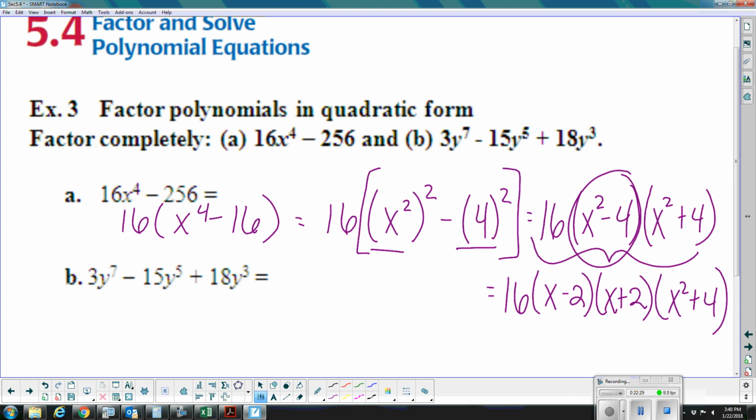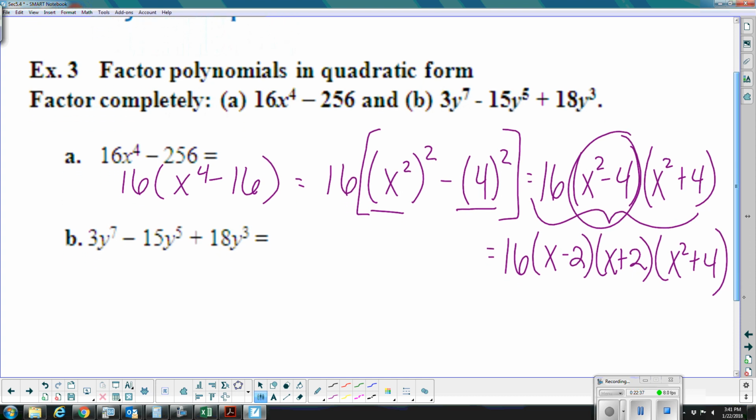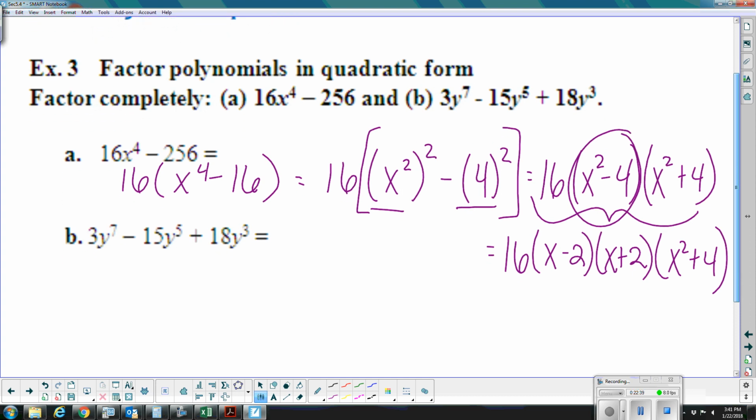Okay, now let's look at the next one where you have 3y to the 7th minus 15y to the 5th plus 18y cubed. We want to factor out the largest monomial we can. And in this case, it happens to be 3y cubed.